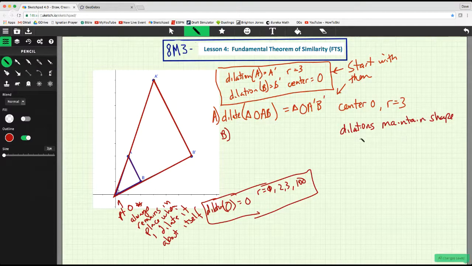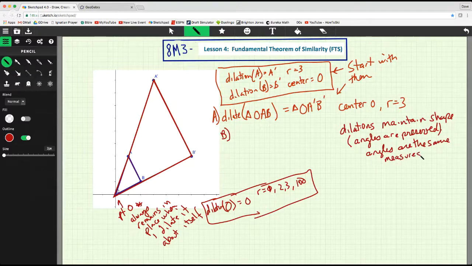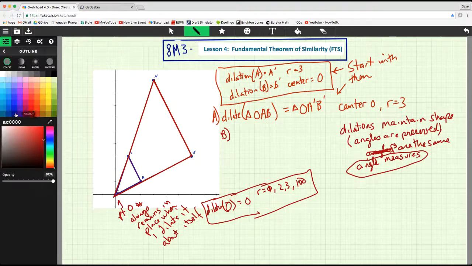And what that means, and this was one of our things that we wrote down, is that angles are preserved. The angles are the same. Angle measures are the same. Okay, so if the angle measures are the same, then let's draw in what must be true.